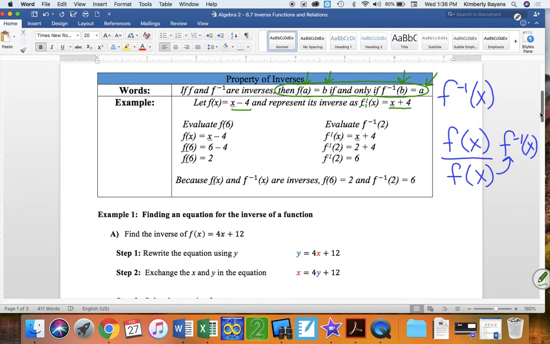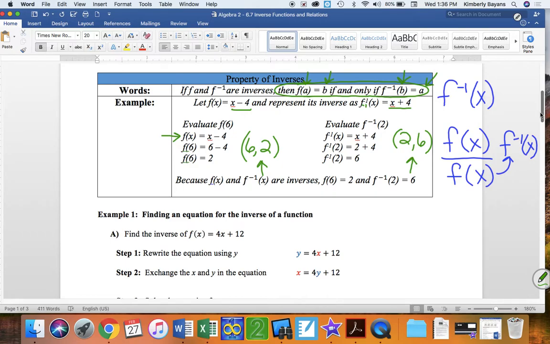Here's an example where it says evaluate f of 6. I take my f of x function and put 6 in, and I end up with 2. So when x is 6 in this function, y is 2. Over here in my inverse function, I should be able to take my y value and put it in, because remember, in the table we took our original ordered pair and just flipped it.